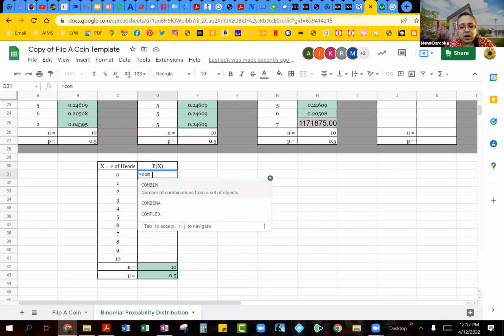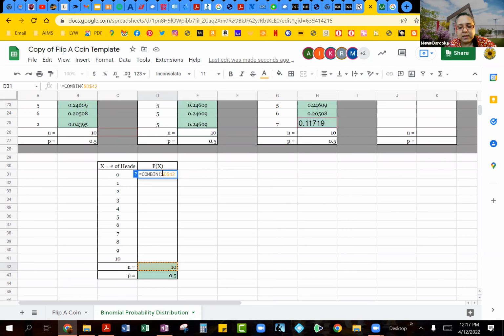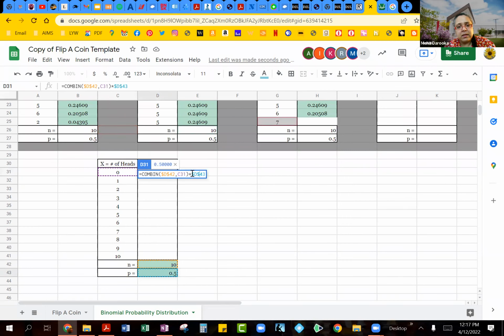So I'm just going to do our formula here quickly. Our number of trials is 10. Number of heads for the first one is 0. Multiply that by our probability, I'm probably going to do parentheses on that.